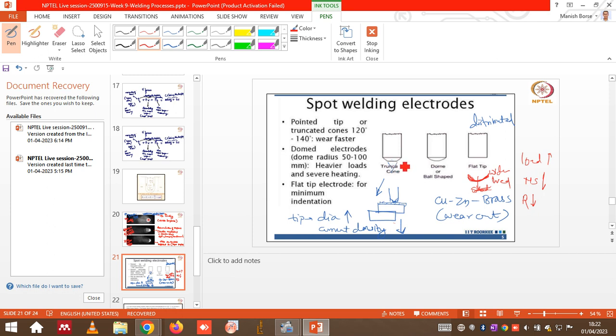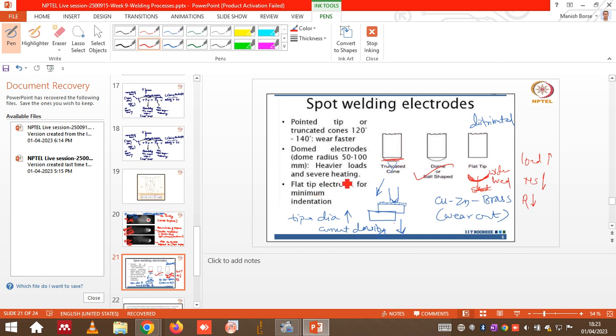The shape of the electrode will change, and it will have a higher diameter. Higher diameter means what? Again, the weld penetration will decrease, and weld bead area will increase, right? So in that way we can use it, but in most cases, for heavier load and severe heating, a dome or ball shaped electrode is generally preferable, right?